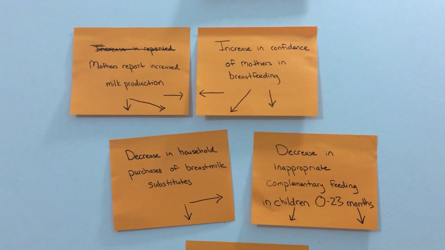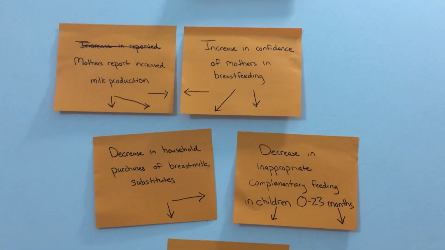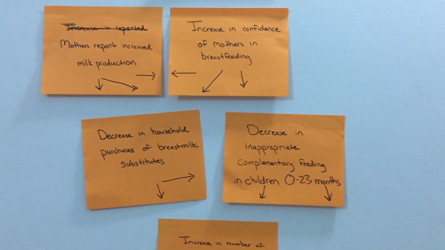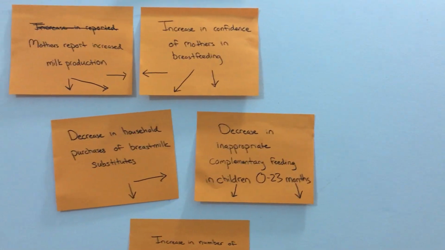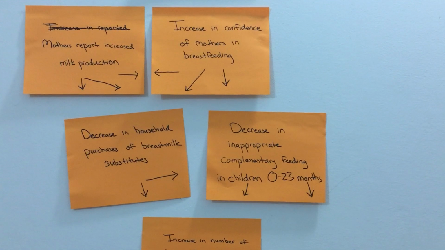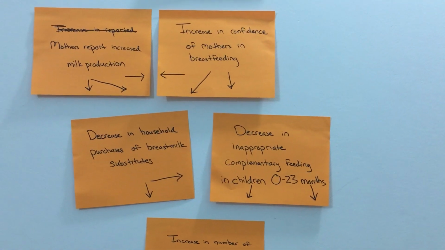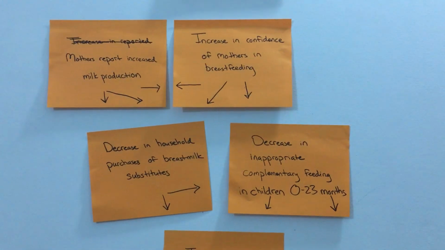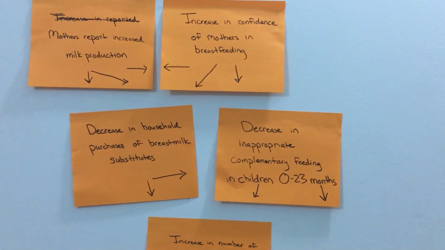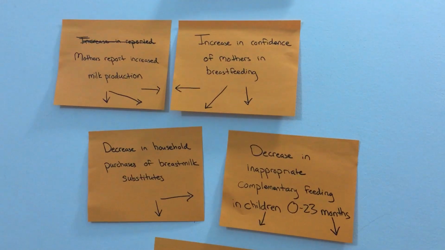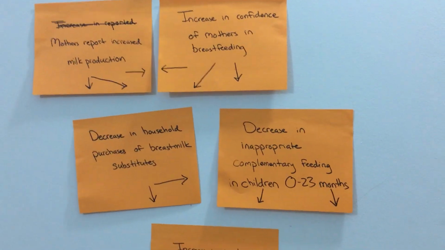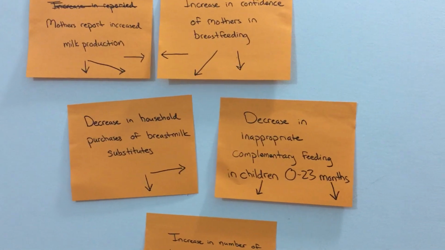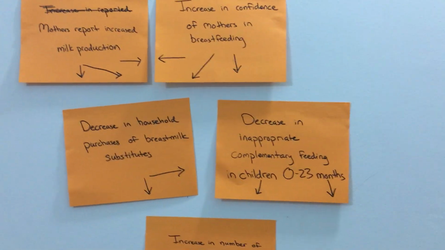Both of those things can be done through some form of self-reporting. But to me, I really want to capture the decrease in inappropriate complementary feeding, because again, if we can track that, then we can assume that the other outcomes previously have been met. If they're not doing so much inappropriate complementary feeding, we can assume that it's because they're producing more milk, they're more confident in what they're doing, and also that the breast milk substitutes are not in the house.